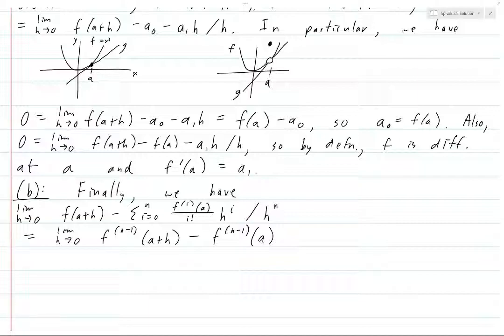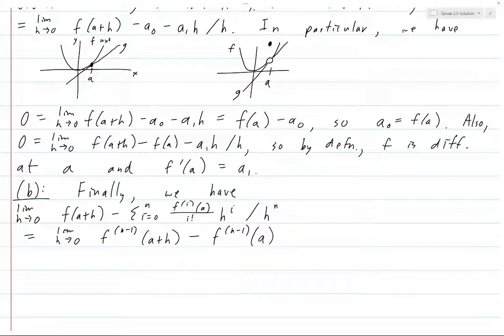Again, the reason that we get n minus 1 factorial for the previous one and n factorial for this one is that for h to the n minus 1, you end up multiplying by 1, because when you take the derivative of h, you just get 1.